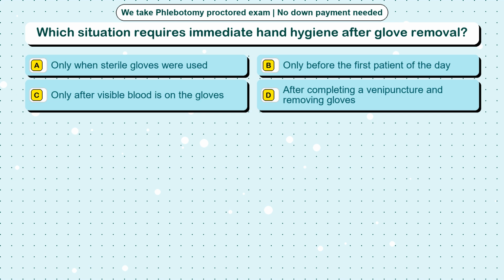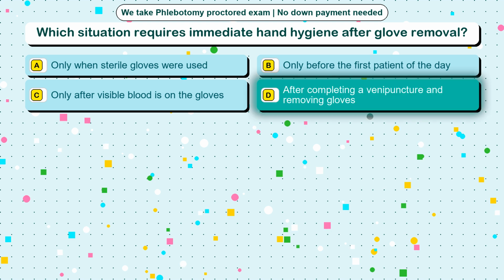Question 58. Which situation requires immediate hand hygiene after glove removal? Option A, only when sterile gloves were used. Option B, only before the first patient of the day. Option C, only after visible blood is on the gloves. Option D, after completing a venipuncture and removing gloves. The correct answer is option D, after completing a venipuncture and removing gloves.